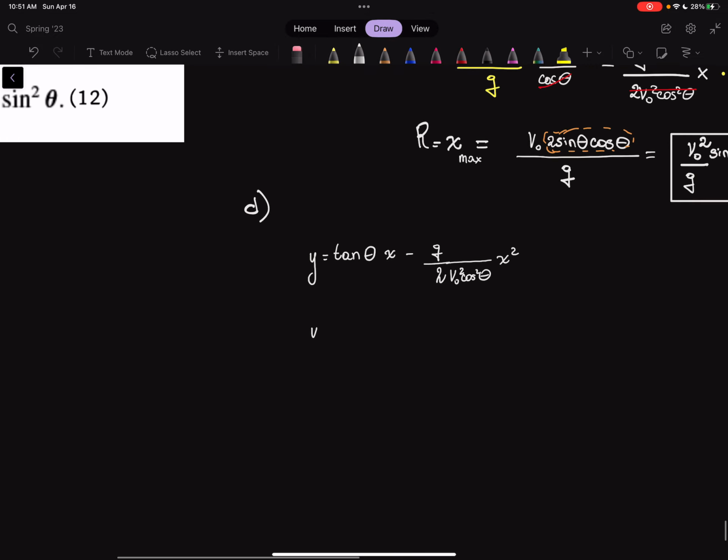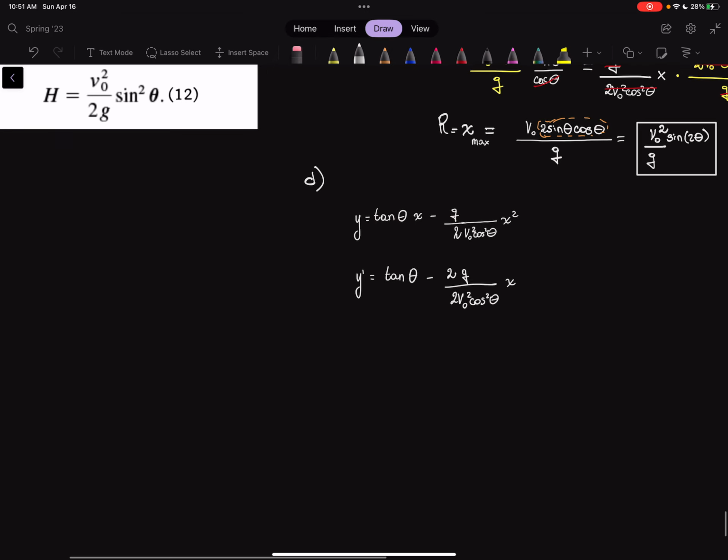If I take the derivative of this, what do I get here? Well, the derivative of each term, remember that the x is the only non-constant here. So I get tangent of theta minus 2g over 2v naught squared cosine squared of theta times x, because basically I subtracted one from the exponent and then multiplied by the original exponent, using the power rule.